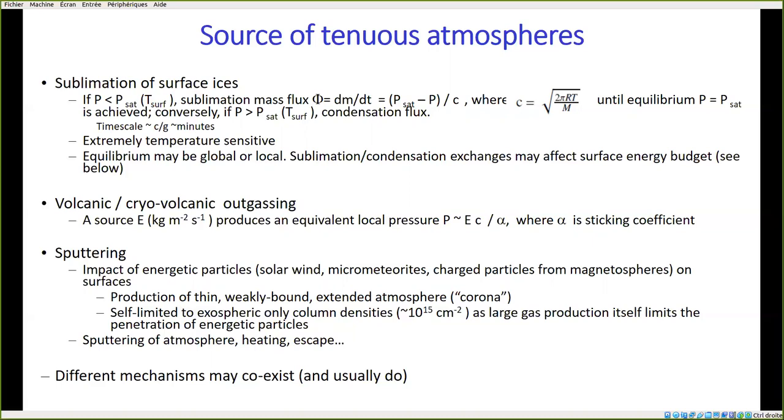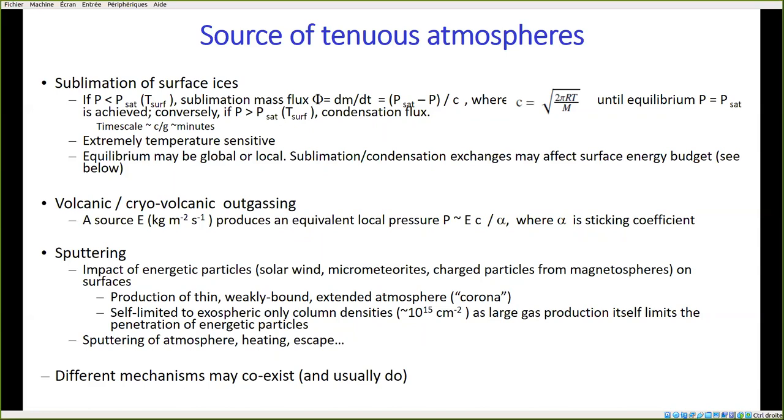So in this mechanism, a volcanic source leads to the production of a local atmosphere with a pressure that is, of course, proportional to the source, but also depends on a sticking coefficient which represents the extent to which the ejected molecules will stick on the surface or bounce over the surface when they hit it.